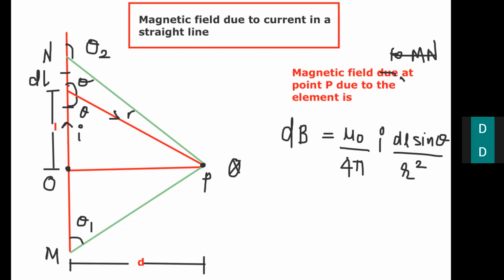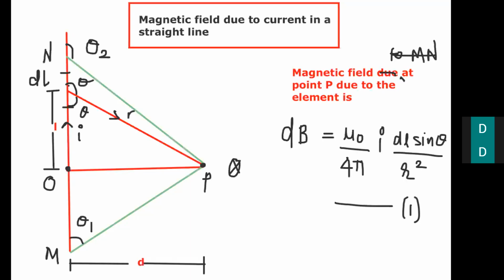This basically comes from Biot-Savart's law, and I have already made a video on that, so you can check that video. Let us call this equation number 1, and we will be using this equation further in our video. So now if we see the diagram, we will do some basic trigonometry.